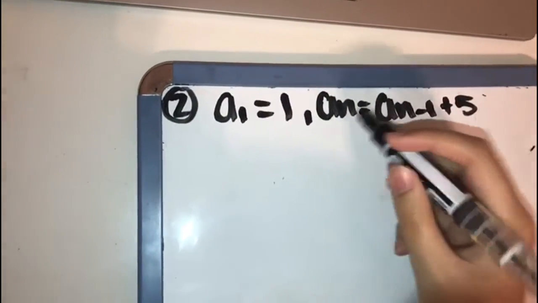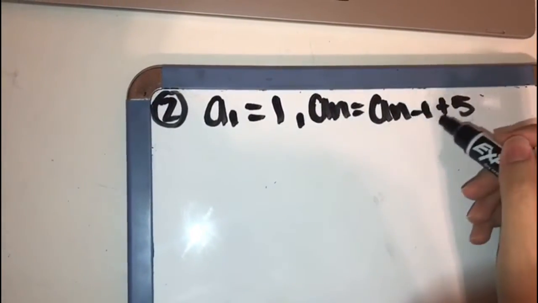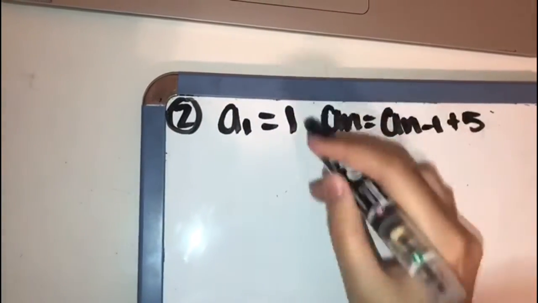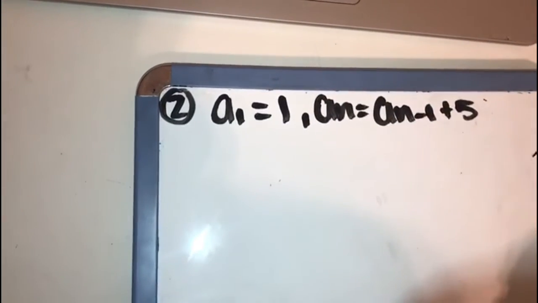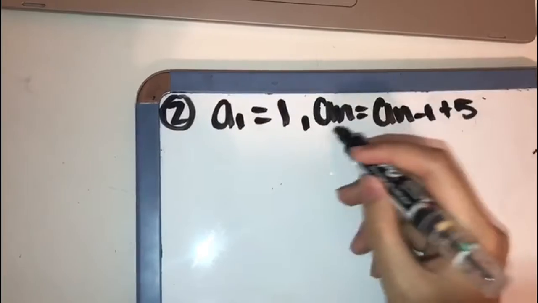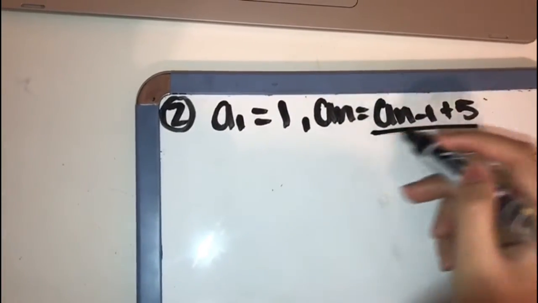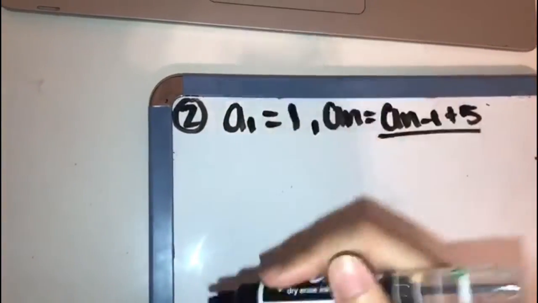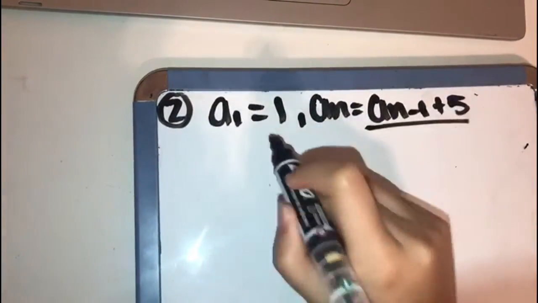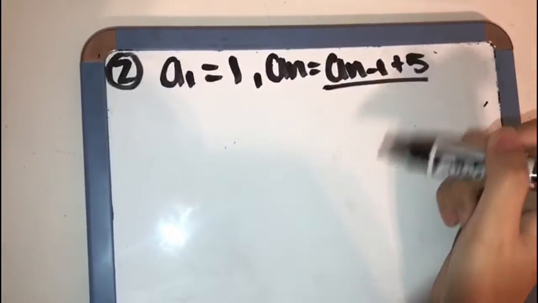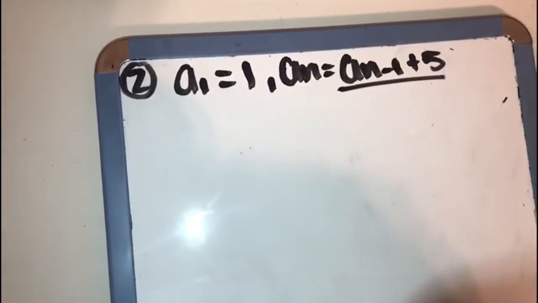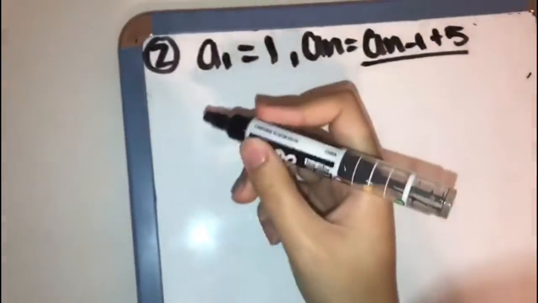And then it says AN equals AN minus 1 plus 5. That means that we're probably going to be using this equation in order to find the other terms. They already found the answer for A1, but we're going to be using the equation for finding the other 5 terms, which are A2, A3, A4, A5, and A6.